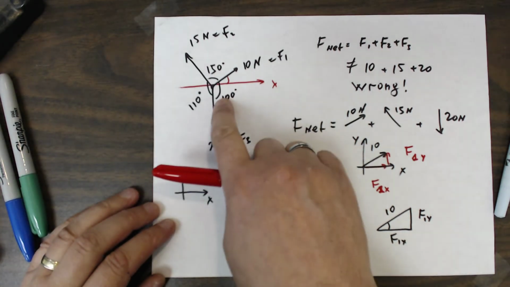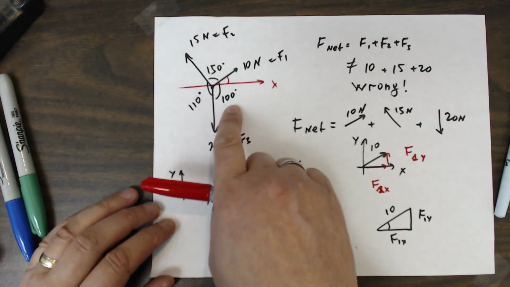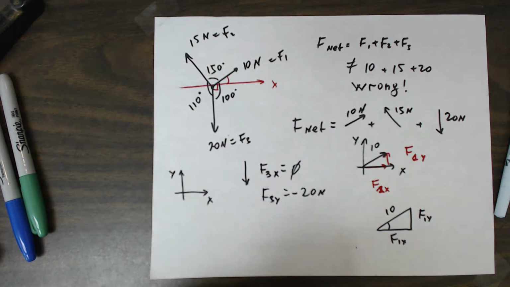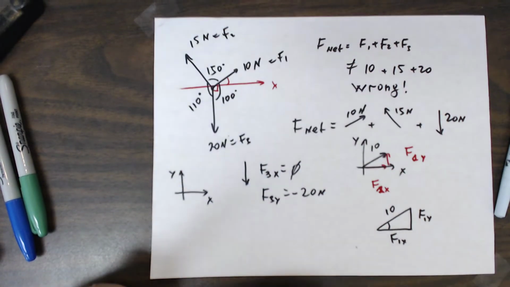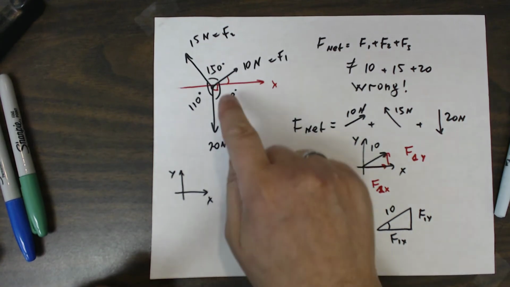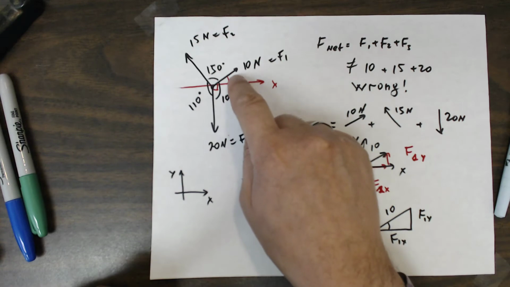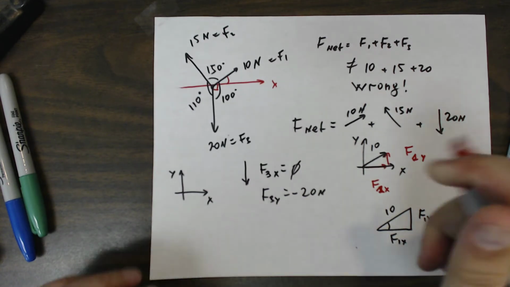And this angle has to be equal to 100 degrees minus this angle. The vertical direction is perpendicular to the horizontal direction. This angle equals 90 degrees. So this angle will be equal to 100 minus 90, 10 degrees.